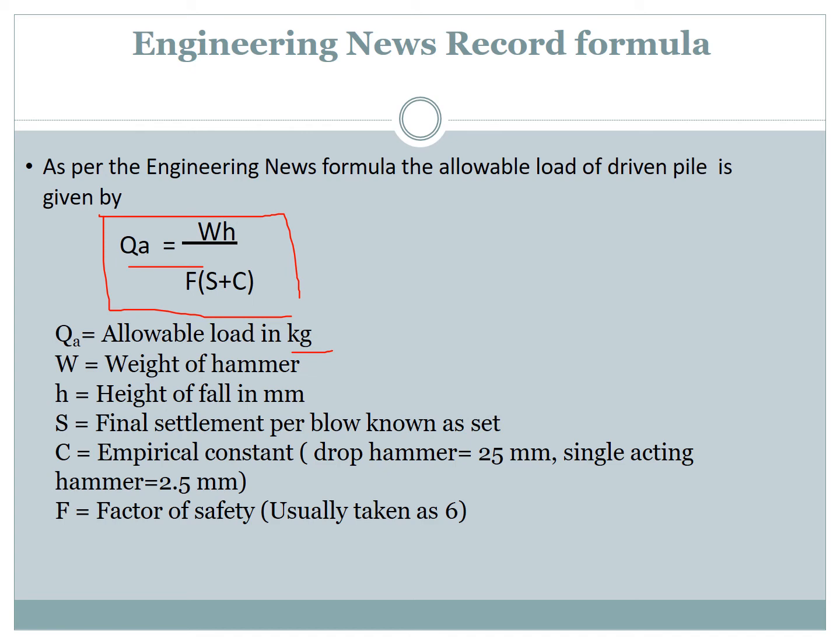sorry, H is the height of fall in mm, S is the final settlement per blow known as set, and C is the empirical constant, which depends upon the type of hammer. For a drop hammer, the empirical constant is 25 mm. For single and double acting hammers, the empirical constant is 2.5 mm, and F is the factor of safety.